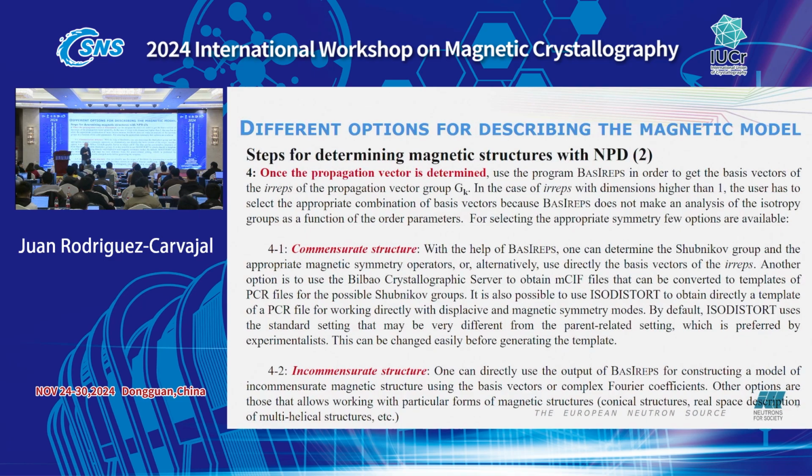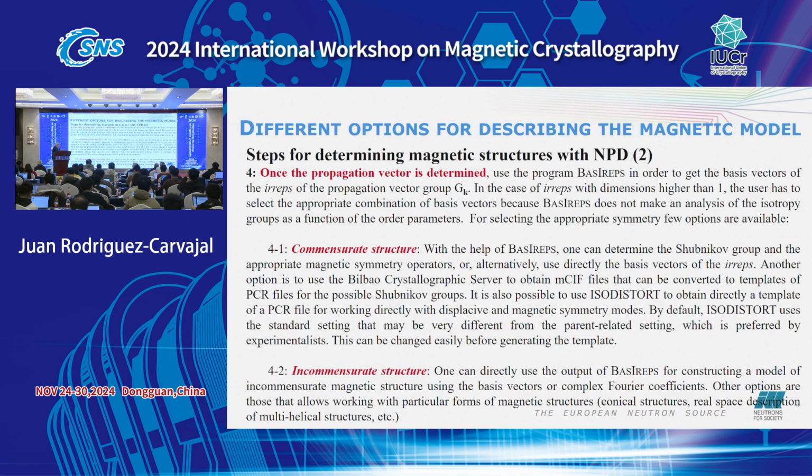It's difficult to pronounce, MAXMAGN, or k-SUBGROUPSMAG, which provides you with the list of possible magnetic space groups, and you can transform that to a magnetic CIF file, an MCIF file. Then, using one of the utilities of the FullProf Suite, which is MCIF to PCR, you transform it directly. This is the simplest way of working, of course.